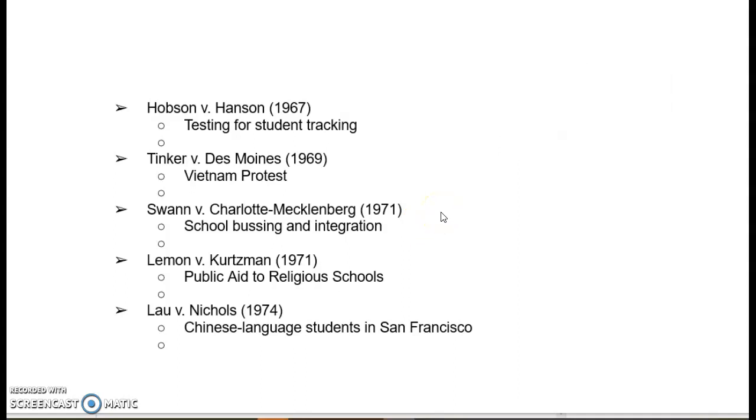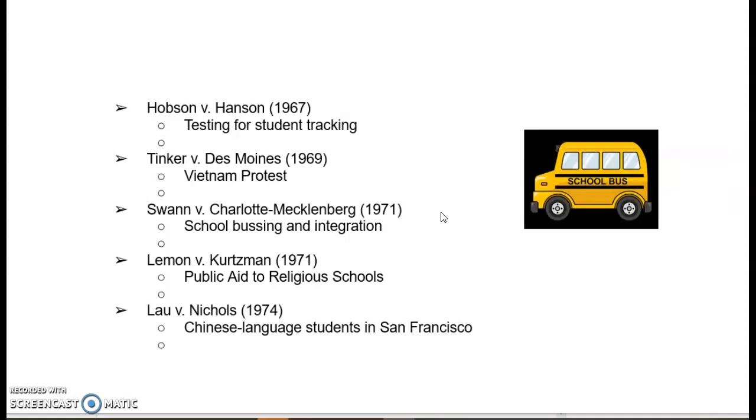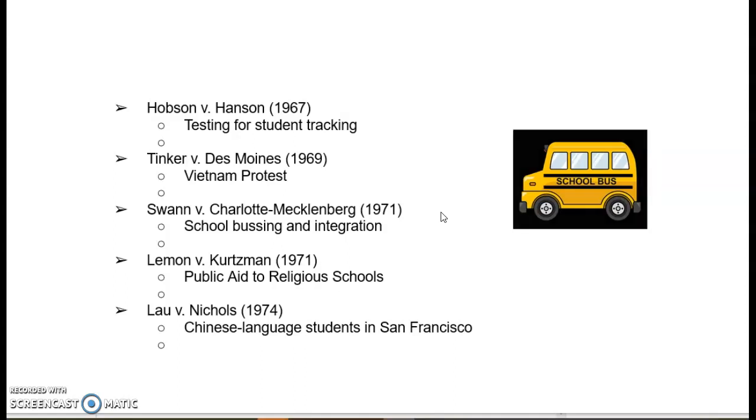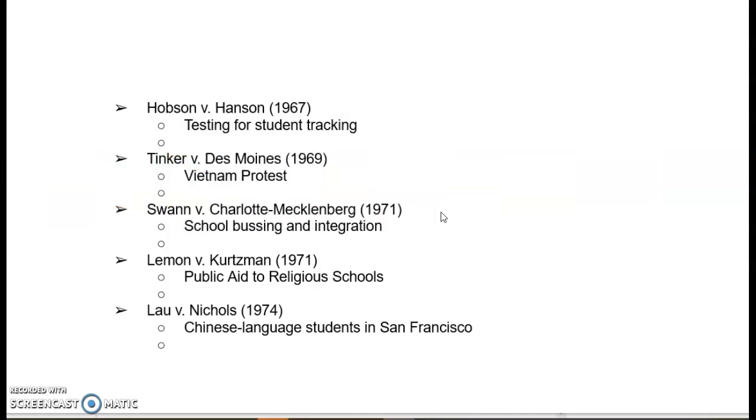Swann versus Charlotte-Mecklenburg, a North Carolina school district, was again about school busing and racial integration, and the need for them to devise a better plan than they had in place because otherwise their policies were racist.